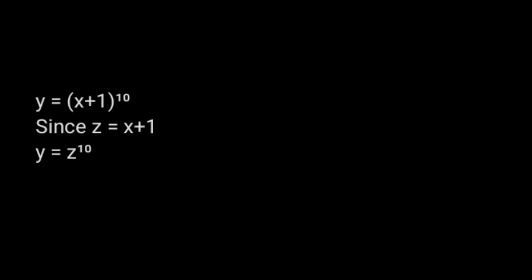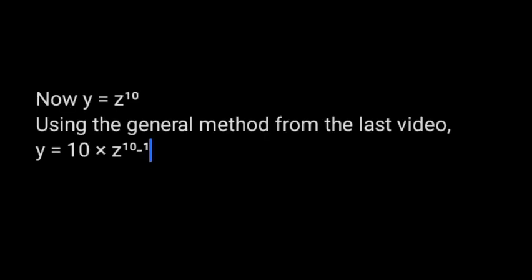Since we've named the dummy variable to be equal to x plus 1, we take that dummy variable to the main equation, which is y equals x plus 1 raised to power 10, and place the dummy variable into the equation. Therefore, we have y equals z raised to power 10.